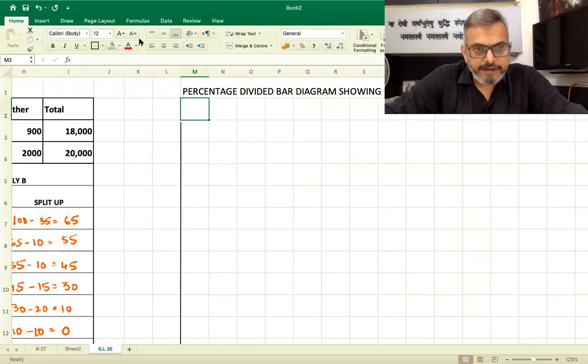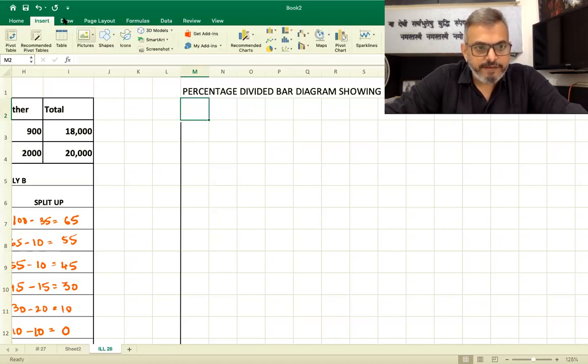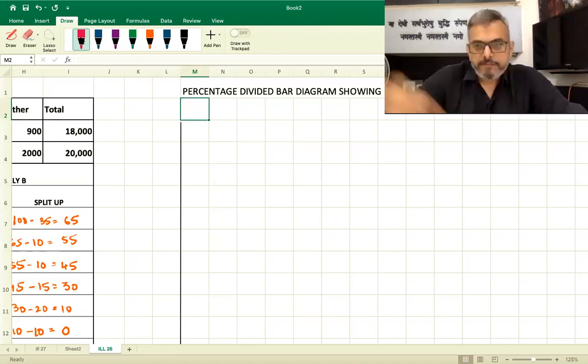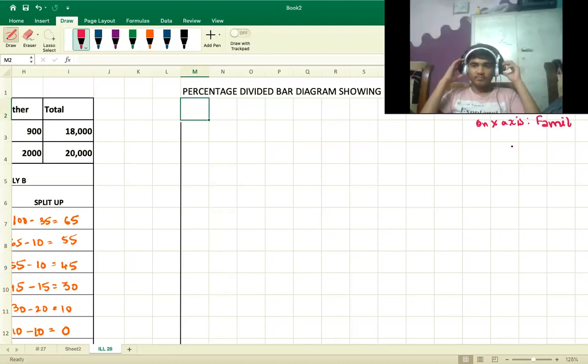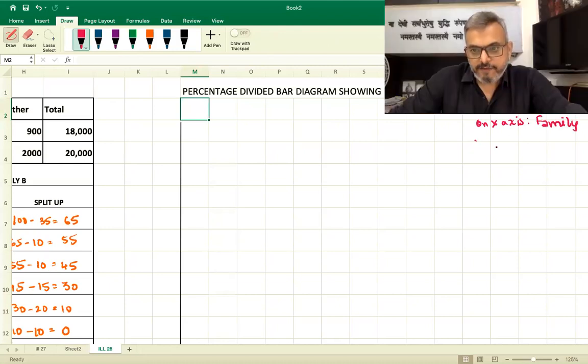Now let's write the scale. Now यहाँ पे scale is very simple. We write scale on x-axis. We will take family as usual. On y-axis, now it is 10, 100.